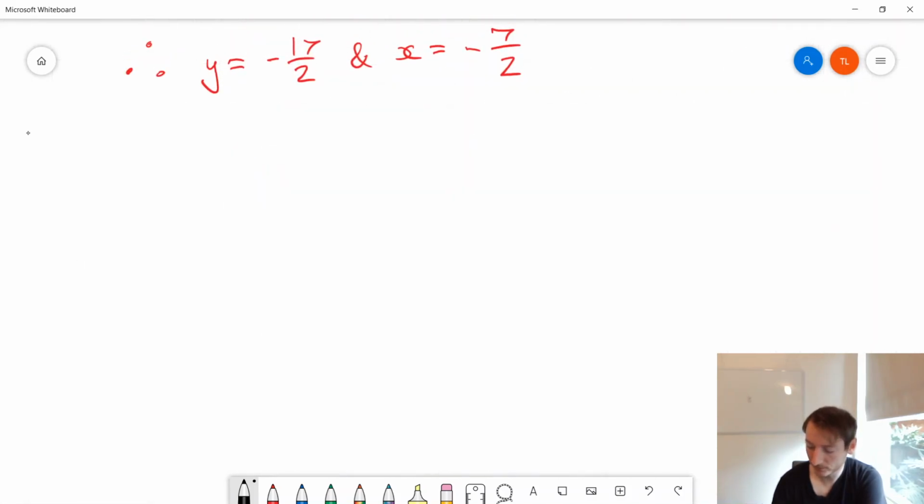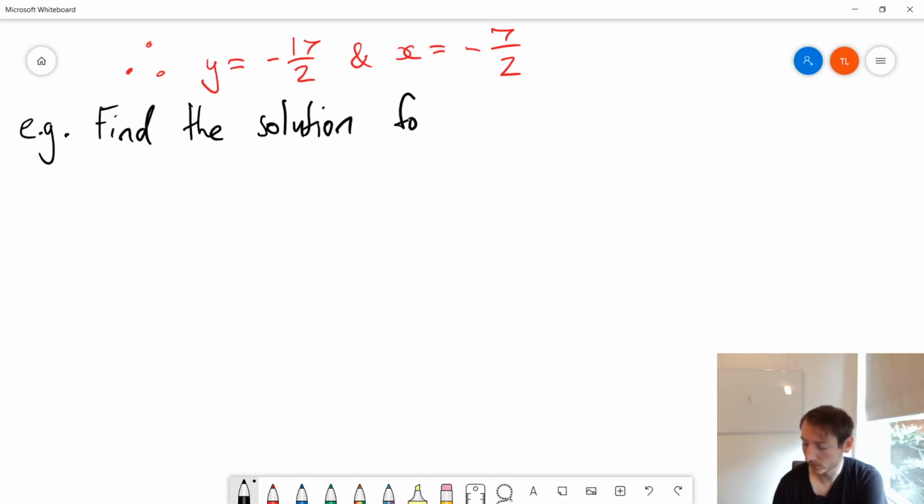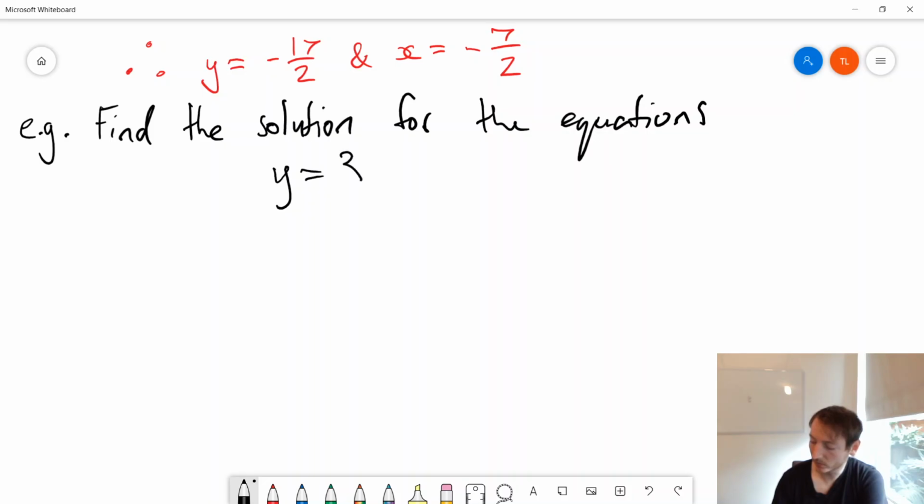So let's say, e.g., find the solution for the equations. Let's say y equals 3x minus 5 and x equals, let's say, 2 minus y.